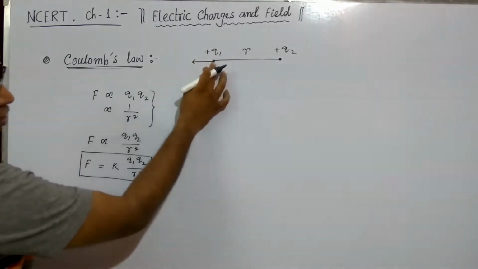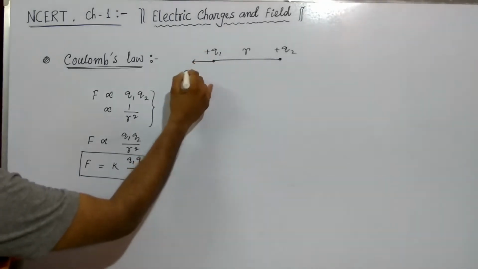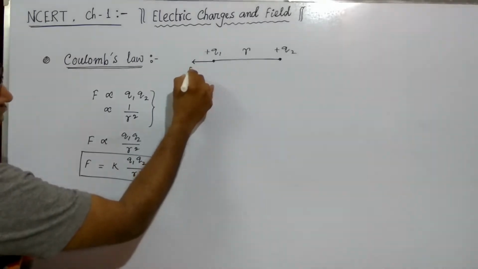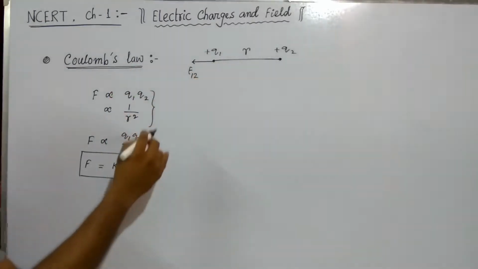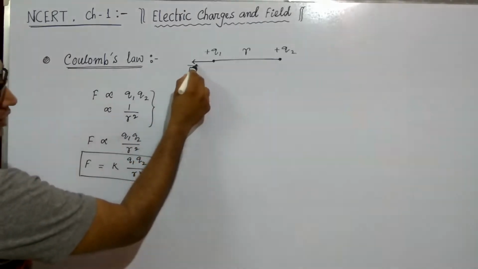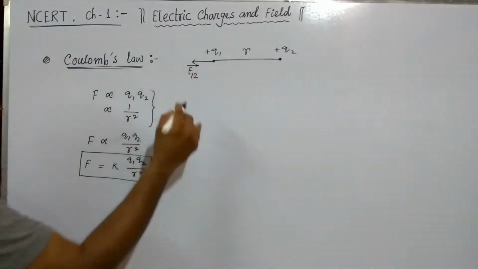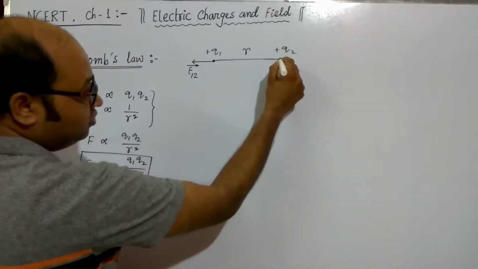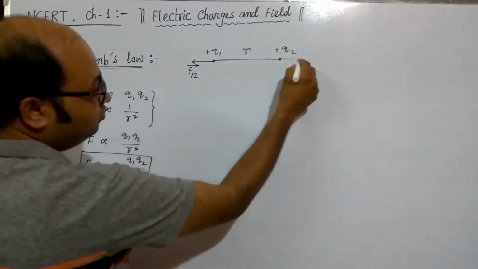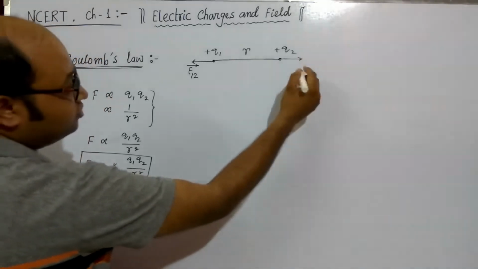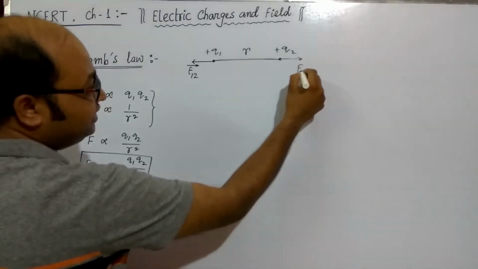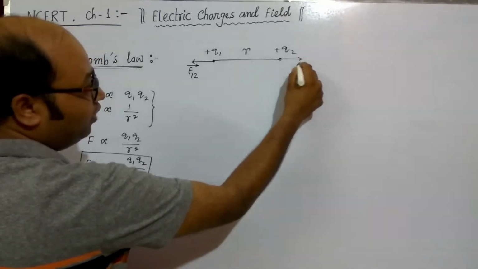So, the force on Q1 will be directed in this direction. Let the force on Q1 due to the charge Q2 be F12, and it is a vector quantity, that is why a vector sign should be applied. And the force on Q2 is directed in this direction, as it is a repulsive force, and it can be denoted as F21.